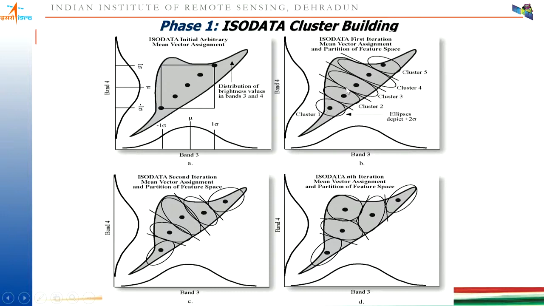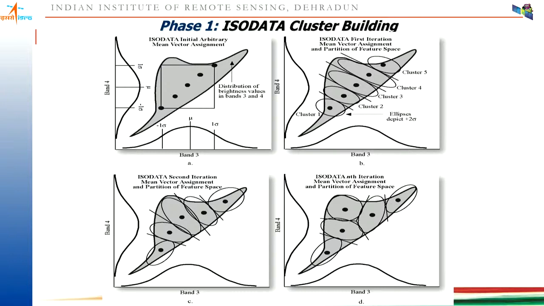So every area will have its mean. So now each pixel, both inside and outside the cluster, will be checked whether the pixel is closer to this cluster, this or that. Okay, so then the pixels in the cluster keep changing, so the mean of the cluster also gets shifted. Like this, the mean of the cluster gets shifted and the number of clusters is attained.